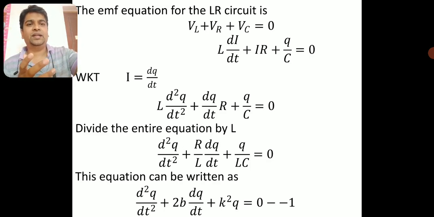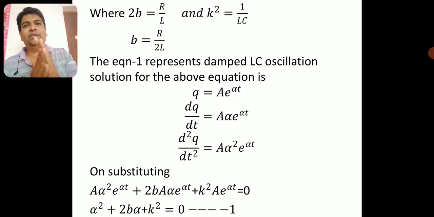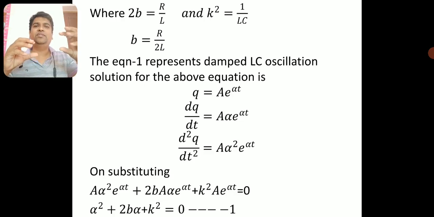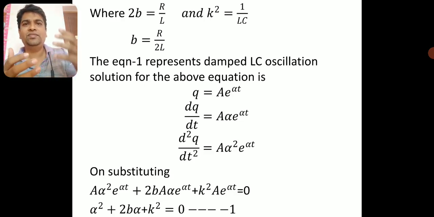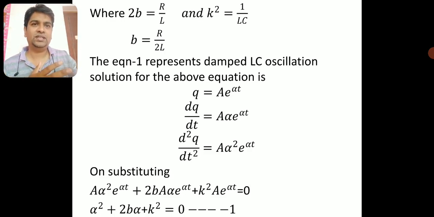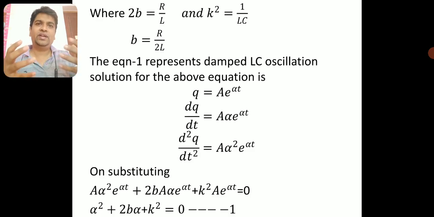So 2b is R by L and k square is 1 by LC, where b is R by 2L. These are the two constants which I am introducing now. So I modified that equation and that becomes equation 1.